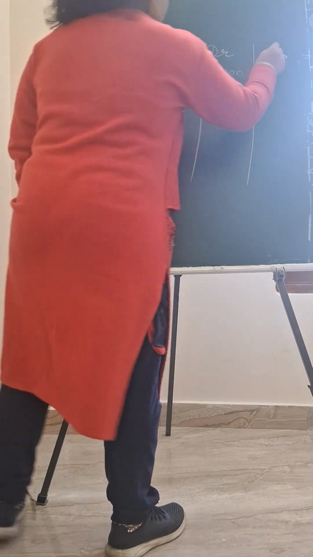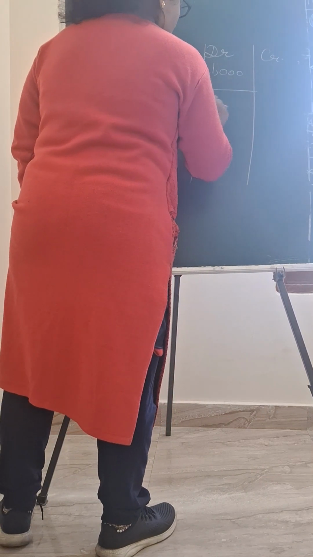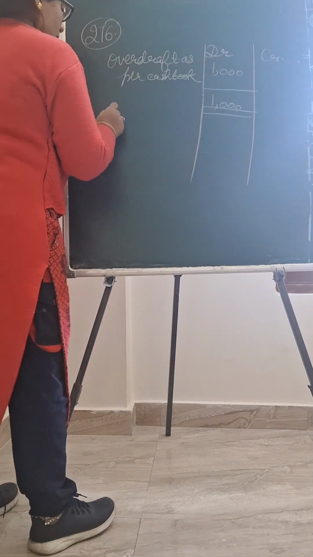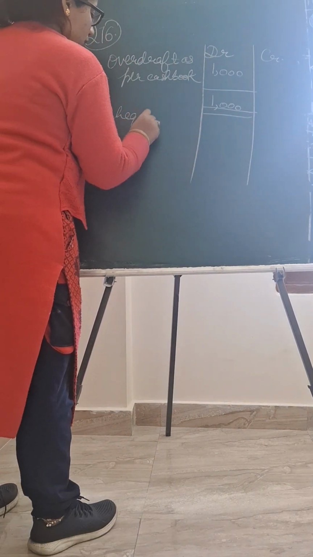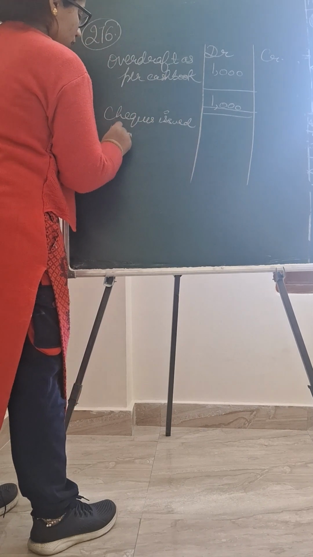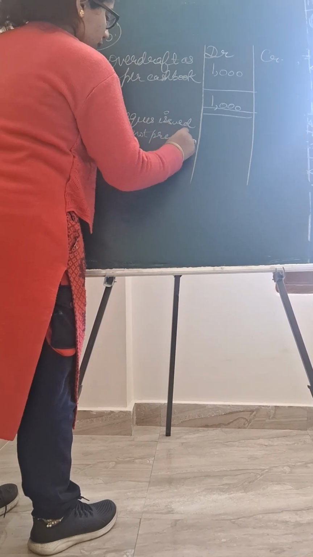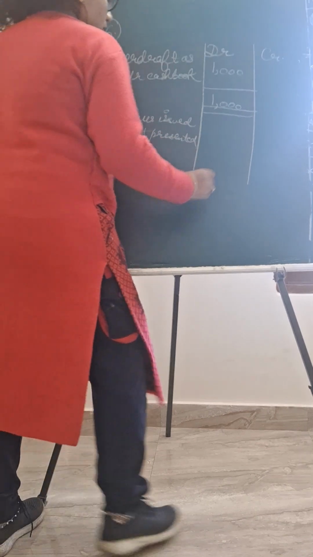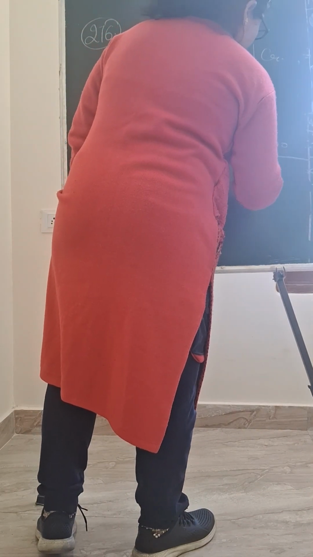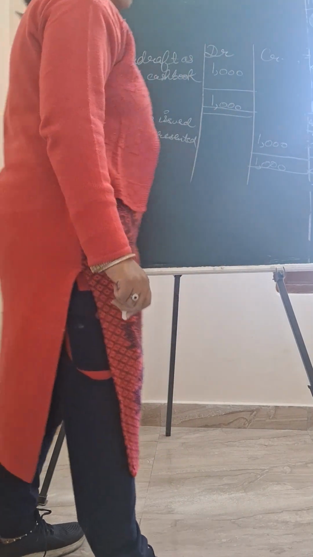Right? Now we will talk about the credit balance. So debit balance is 1,000. Now calculate checks issued but not presented. How much? 1,000, because we need to match the balance. So the credit balance is also 1,000. Clear?